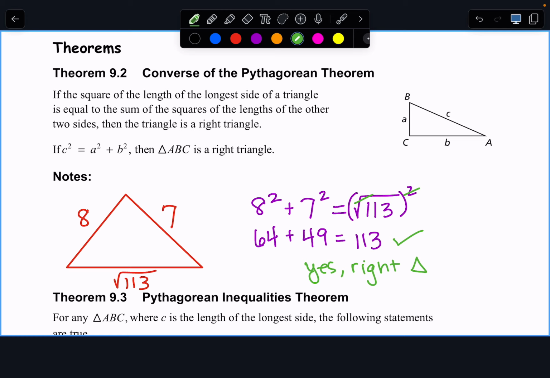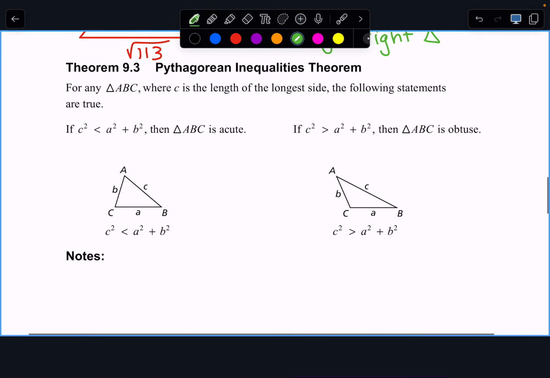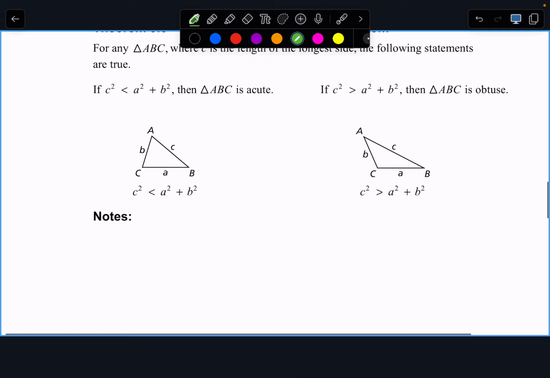Now, we could say, all right, if it didn't equal, it's not a right triangle. But we can be more specific. If you do a squared plus b squared and c squared, if a squared plus b squared is bigger than c squared, then we have an acute triangle.